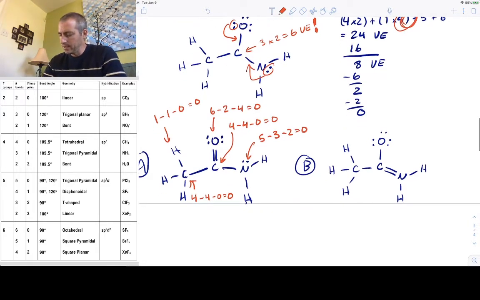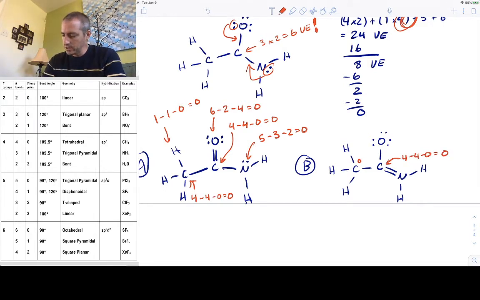This one is, okay, the carbon is still 0 here, that hasn't changed. This carbon in the center is still 4 minus 0 equals 0. So that is still formal charge of 0.